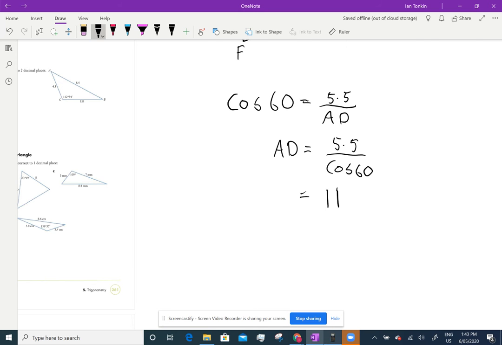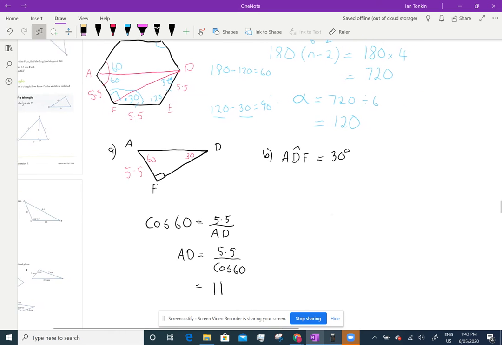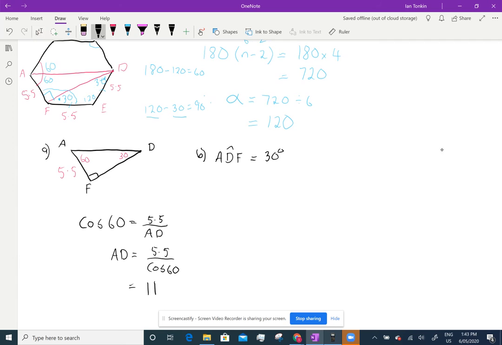Now, I'm assuming they would have wanted you to use right angle trig. If I was using the cos rule and I was just using DEF, so look, DEF looks like this, where that's 120, and that's 5.5, and that's 5.5.